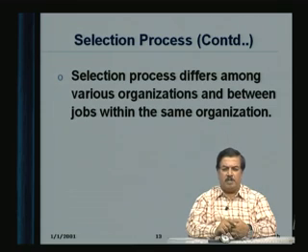Then you don't have time for detailed application formats and screening. Maybe you have to give some tests to eliminate a large pool of people, and once you go through the elimination process, you start focusing on the selection process. So it depends on several of these conditions to see what the best selection process could be.